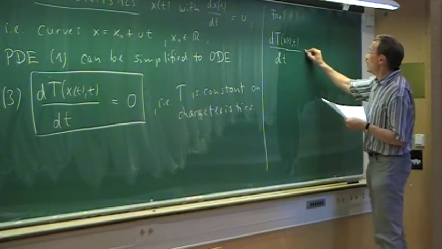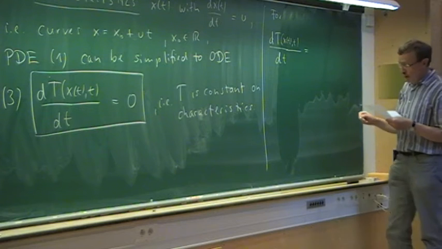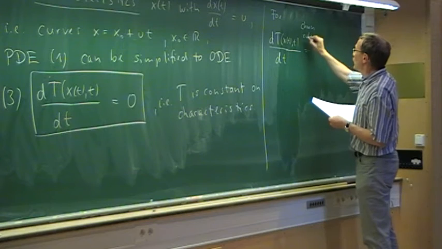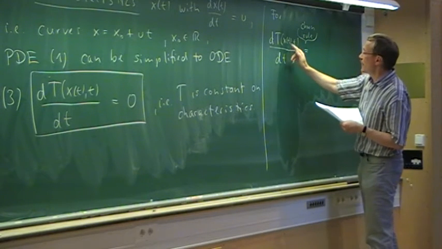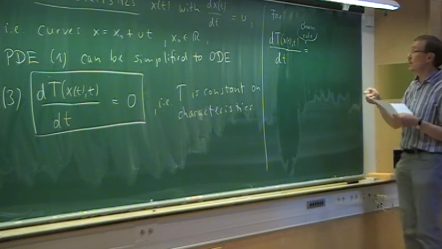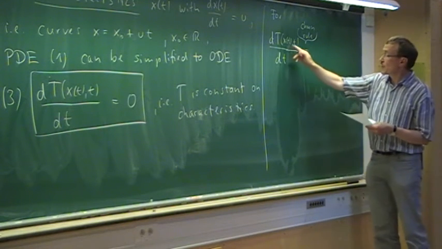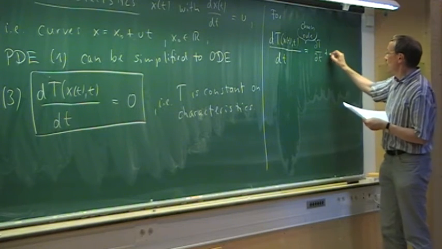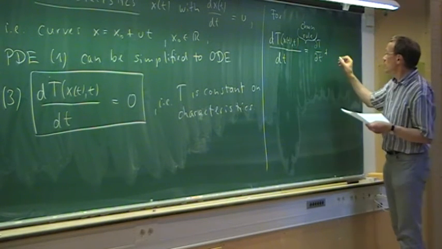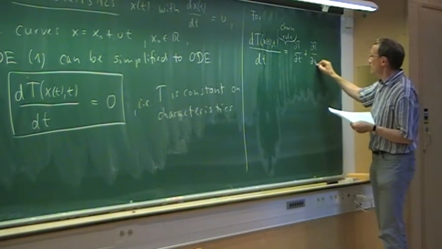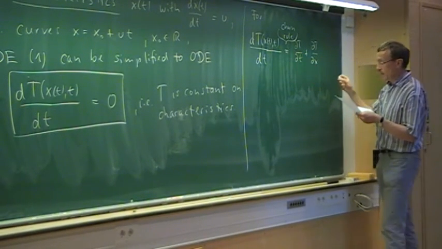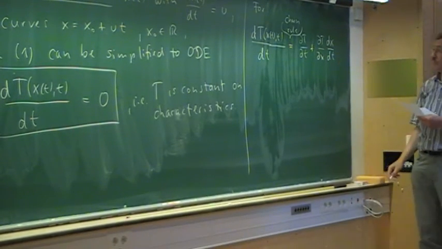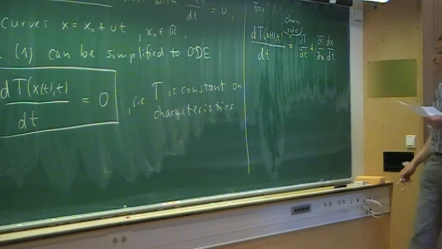And T. Then we can use the chain rule, because we have a dependence now both on X and T, and X is in itself dependent also on T. So if we take first the derivative with respect to T, that is then the partial derivative, then we will take the partial derivative with respect to X, but then we have also to take the derivative of X with respect to T, because that is dependent on T.